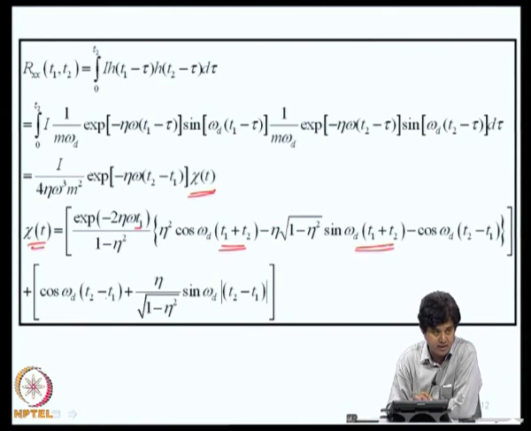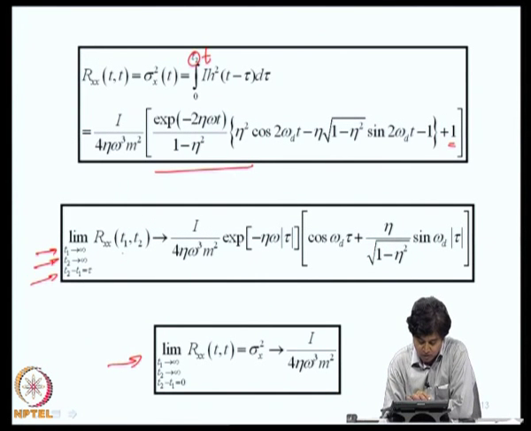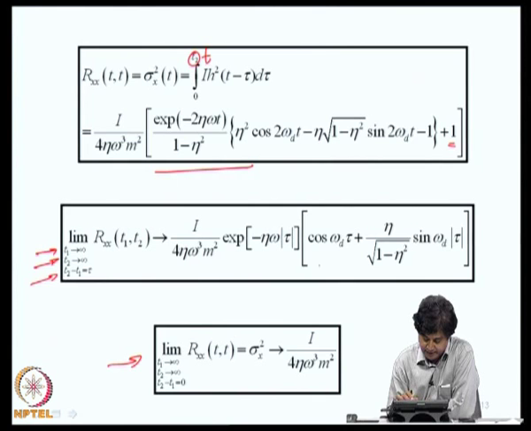Therefore, t2 minus t1 is going to tau. Therefore, I get the autocovariance function to be a function of only tau, okay? And therefore, we can conclude that as time becomes large, the process becomes weakly stationary.